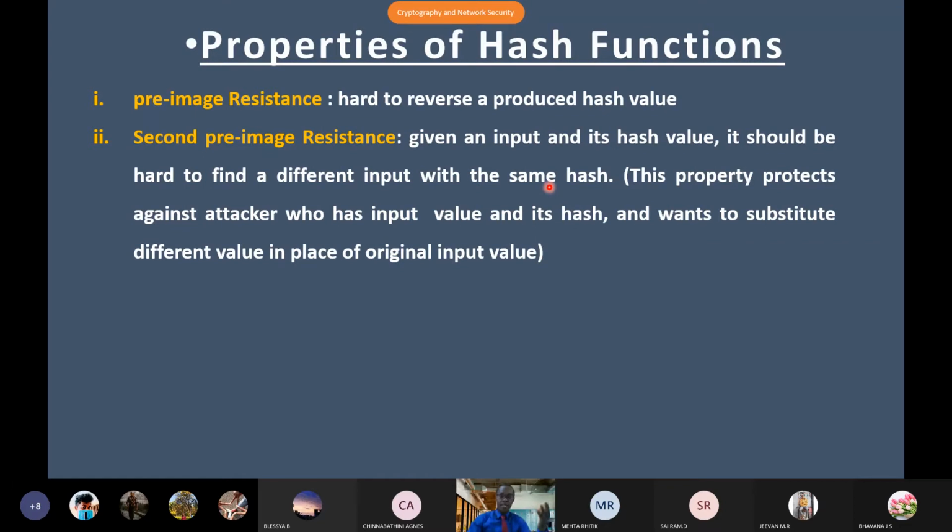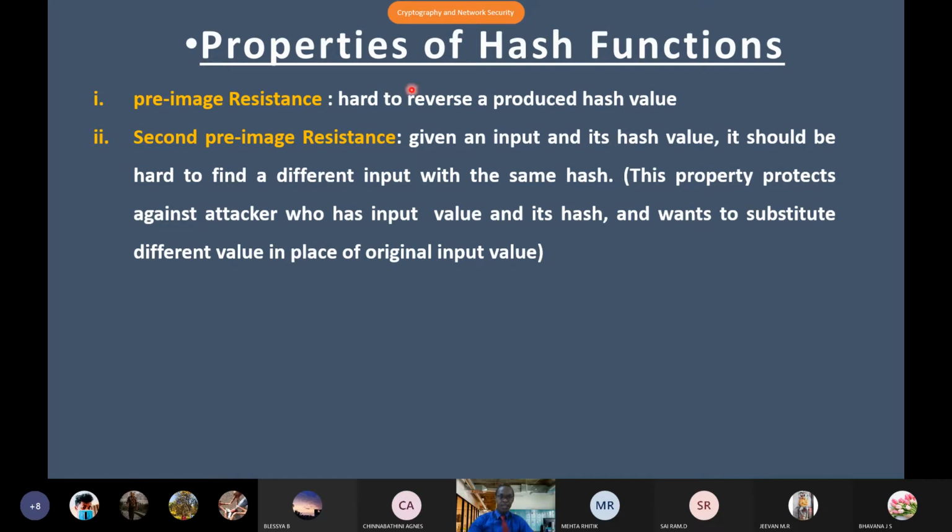Though you have it, you cannot modify it, because if you modify the input you will get a different output. You cannot substitute or modify. That is known as second pre-image.